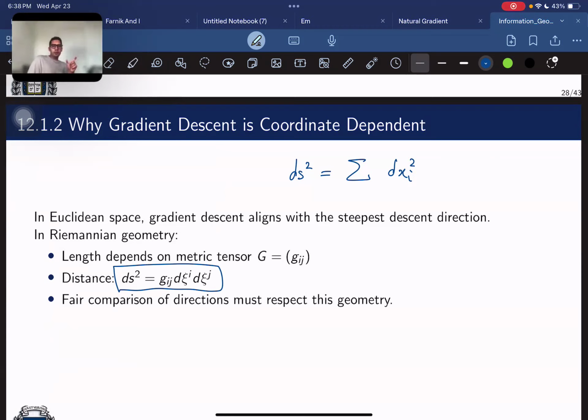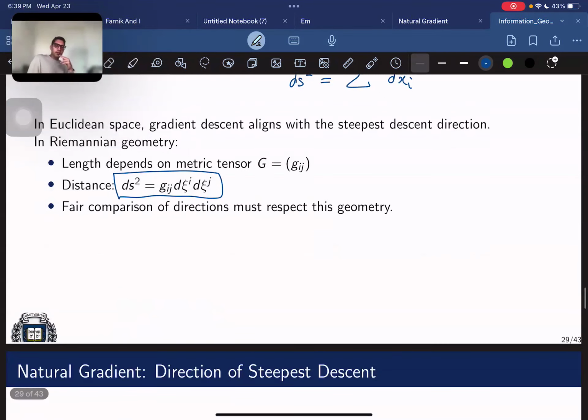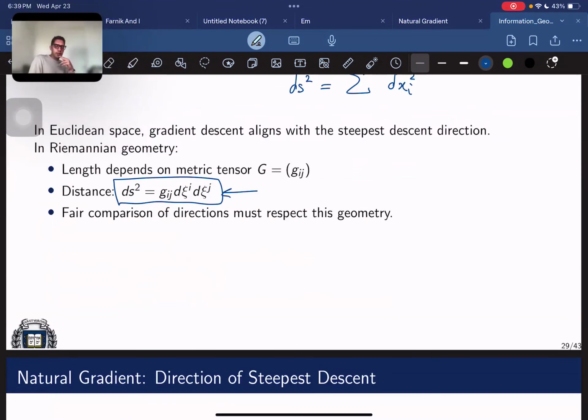So if you go along i and j, it would create a cross length if G_ij is not 0. Whereas in Euclidean space, it would not matter if you take both your steps in i or both steps in j. Okay, so here we need to take this metric into account.